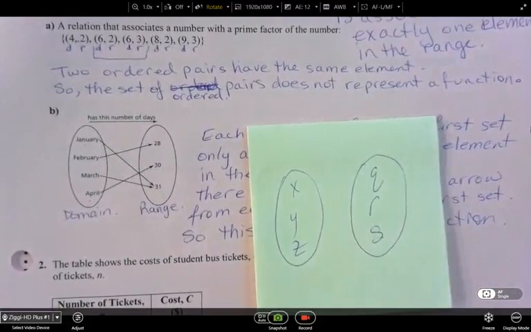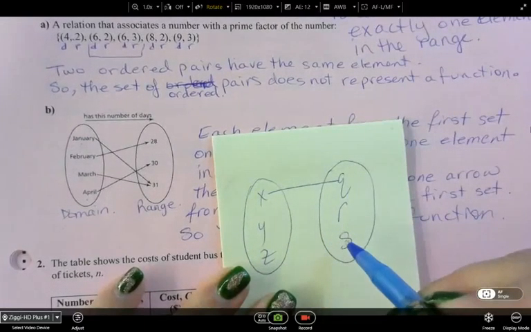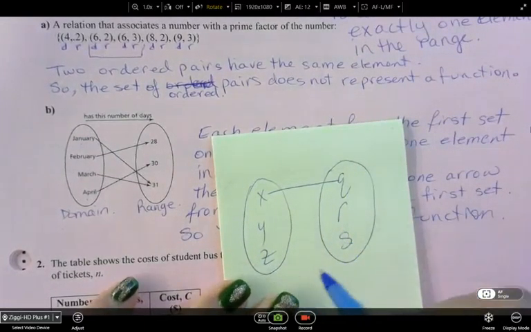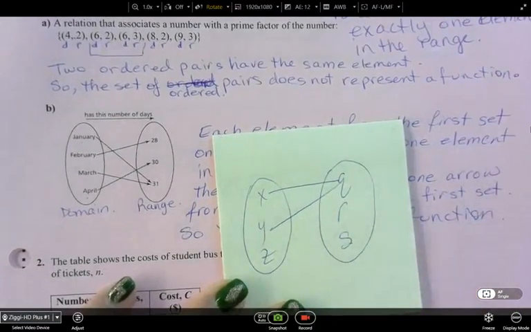What would the arrow diagram look like if it were to fail being a function? So if it's not a function, then I would have, let's say this goes here, and then what else would happen? Would this make it fail? No, that's not going to make it fail.